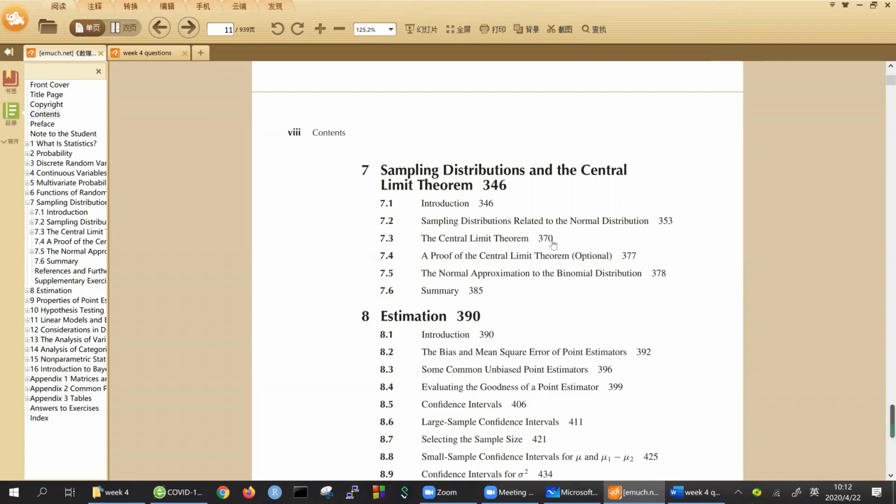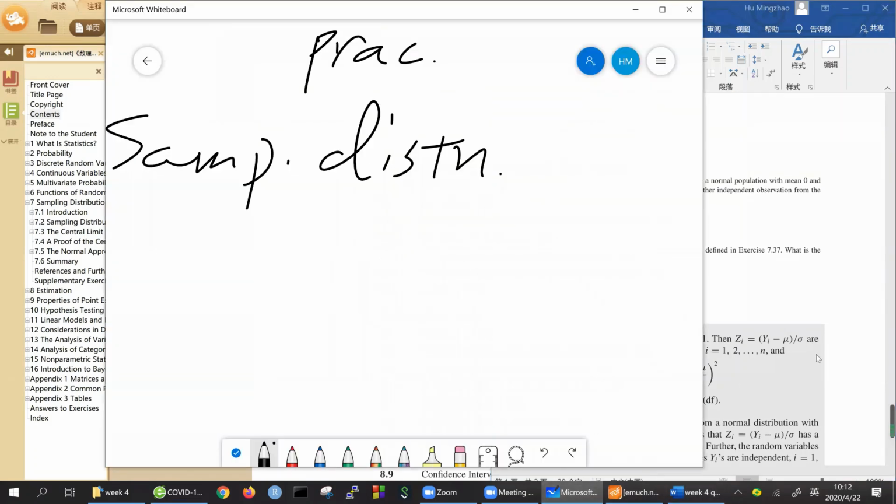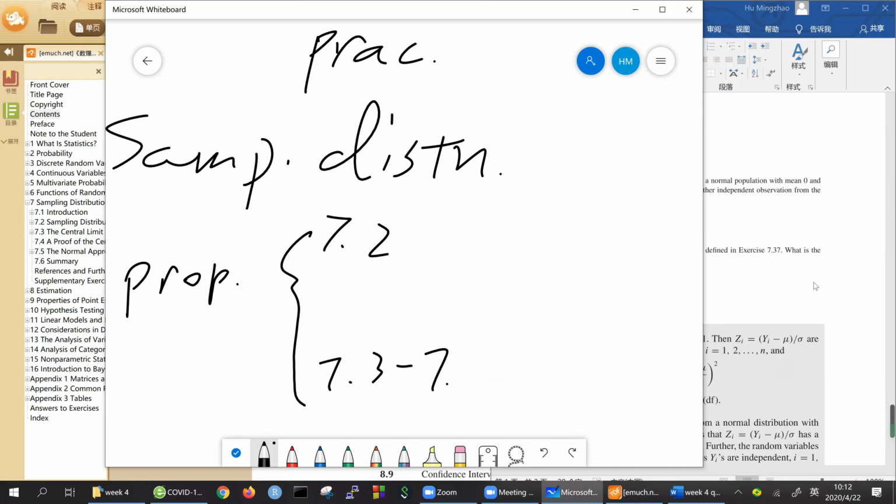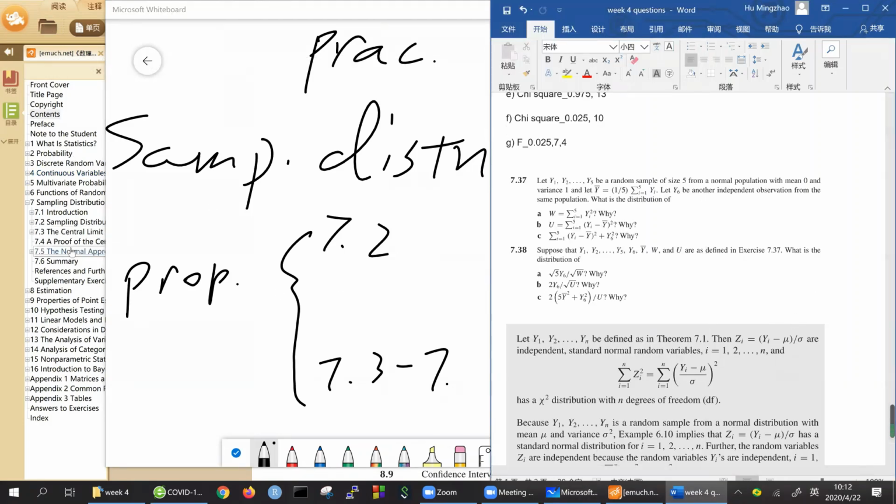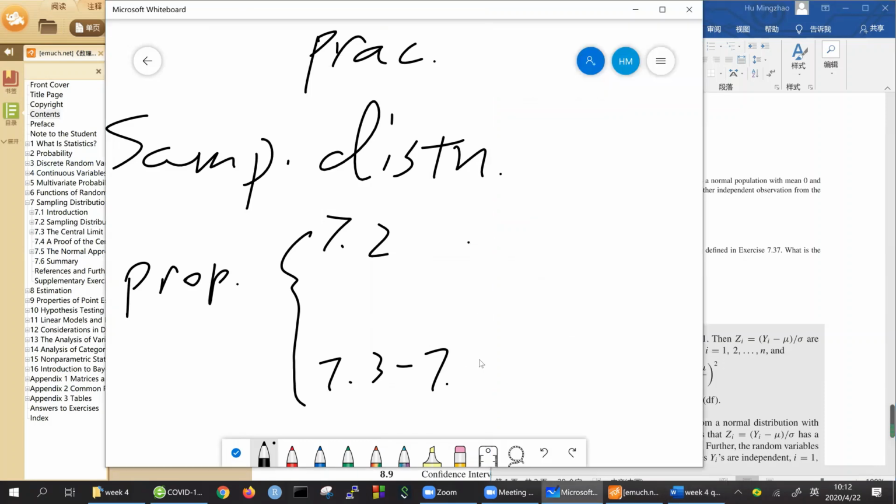Now, the thing that we are going to focus on today is section 7.2. If I am going to draw on my little board here, we were talking about properties of distributions. 7.2 and 7.3 to 7.5 are actually two parts of this chapter. 7.2 is talking about exact cases, so these distributions are exact.